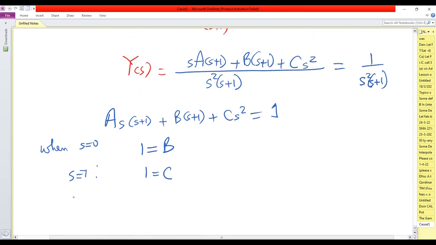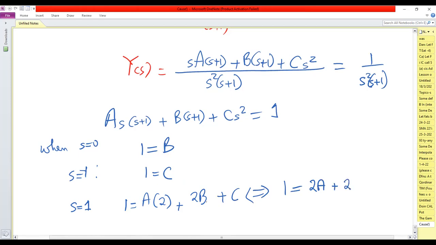Now, when you replace s with 1, as we had said initially, then we get that 1 equals to A into 2, plus 1 plus 1 is 2, so 2B, and then 1 squared is 1, then plus C. But we have already solved for B to be 1 and C to be 1, so which means 1 equals to 2A plus 2 plus 1, which is 3.